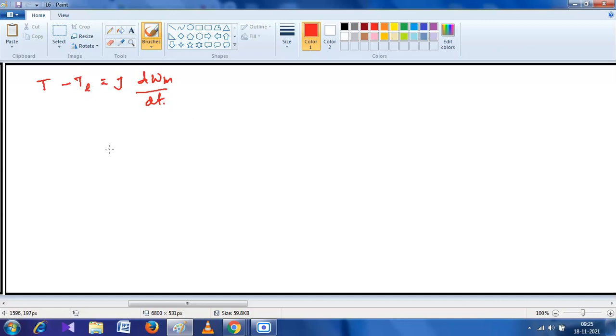And what did we get in the previous equation? Omega m is equal to omega m0 minus omega m0 by tr into t. Differentiate this equation.